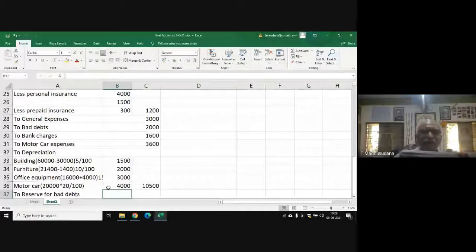Already in the trial balance, the reserve for bad debts is given. You see the credit side of the trial balance: reserve for bad debts 3,000 rupees. That was already provided. Then the new reserve is 5% on sundry debtors.